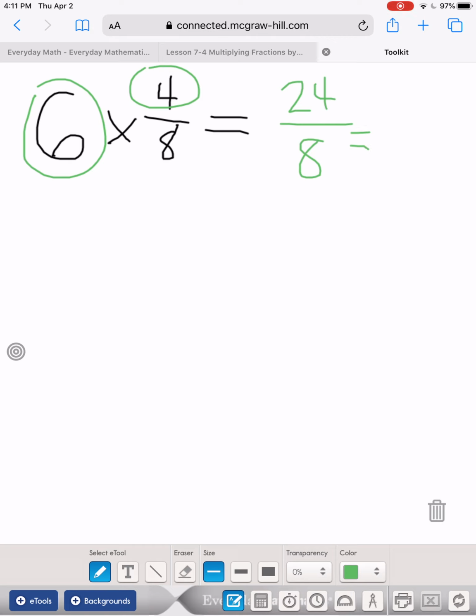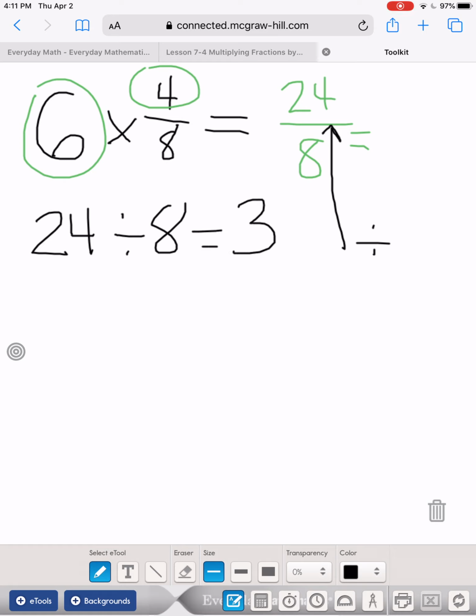So we need to rename this because it's improper. Now, as I said in the slide before, that division bar or that fraction bar also means to divide. So if you know what 24 divided by 8 is, that can rename it for you. So 24 divided by 8 is 3. So 24/8 is also equal to 3 wholes.